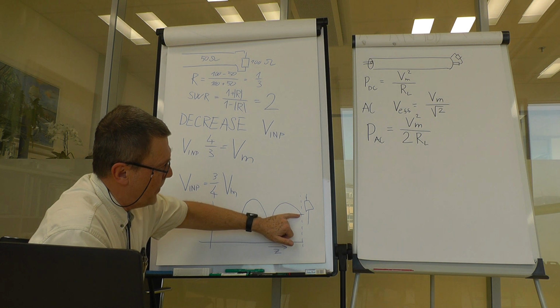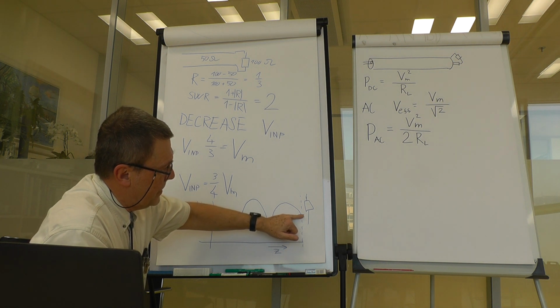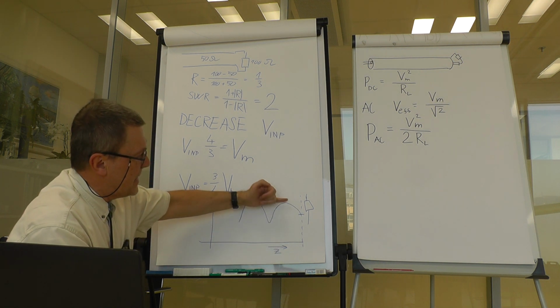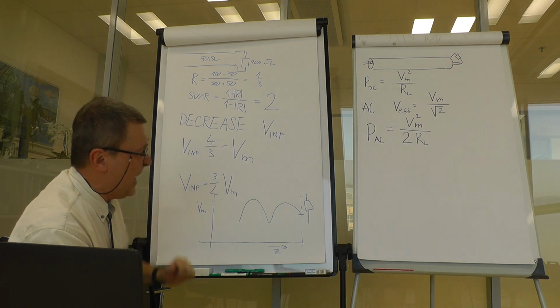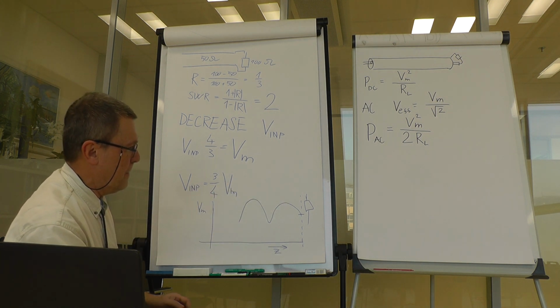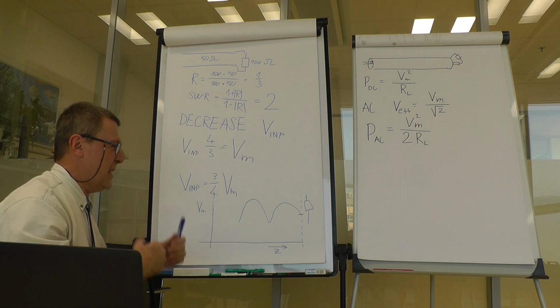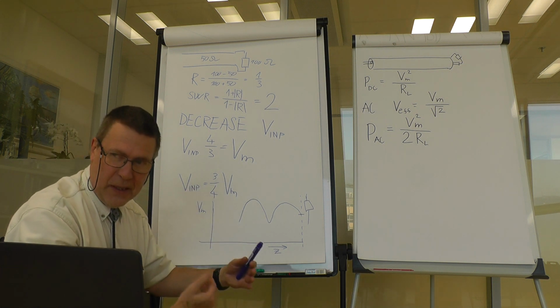And the voltage at the load is not the maximum voltage on the line. So this is the second power loss we would incur.